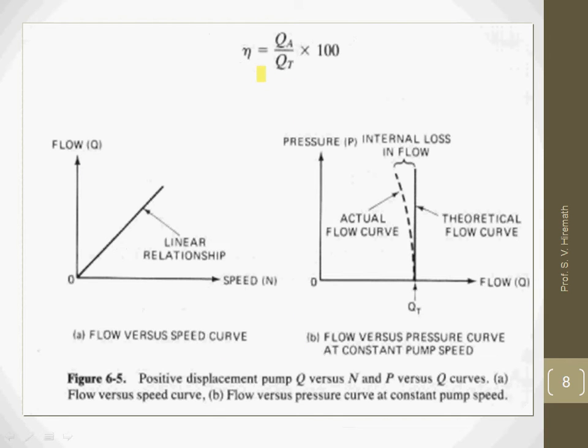And the volumetric efficiency of these gear pumps or any type of pump will be given by the ratio of QA divided by QT. That means the ratio of actual flow rate divided by theoretical flow rate. How much theoretically the pump should give, but in practice the actual flow rate we are getting will be lesser than the theoretical flow rate.